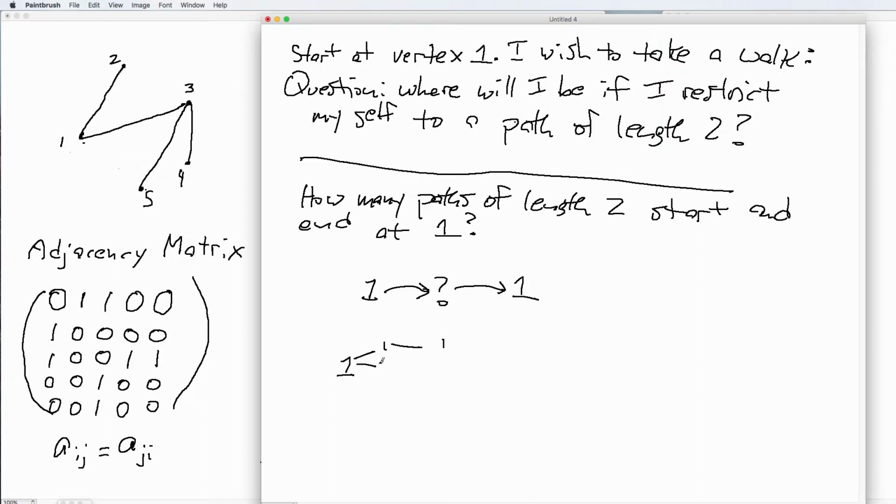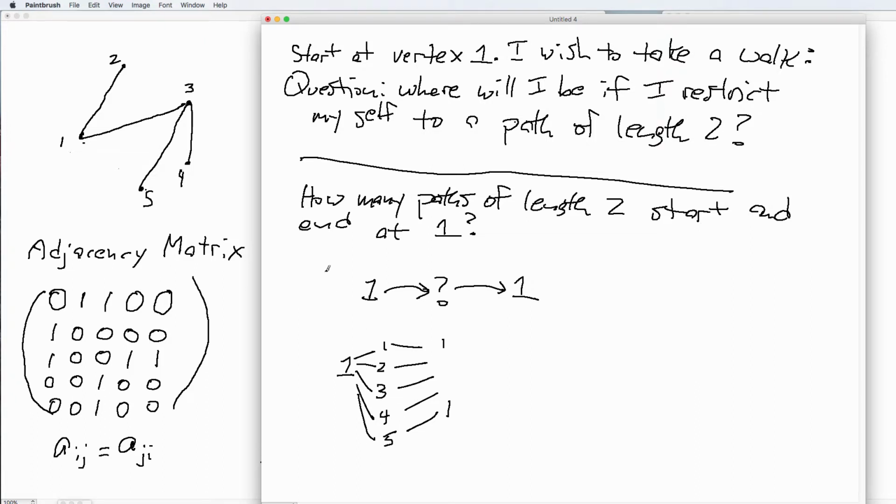I could go from 1 to 2 and back to 1. 1 to 3 and back to 1. I could go from 1 to 4 and back to 1. Or I could go from 1 to 5 and back to 1. Okay? Well, let's think about this. We know, looking at the graph, that for some of these there is no path.